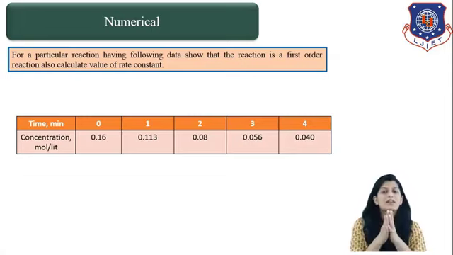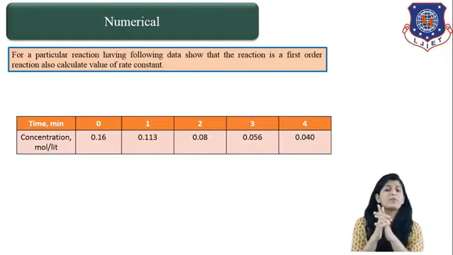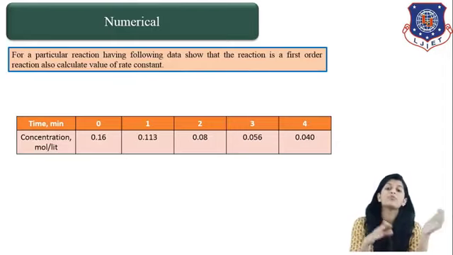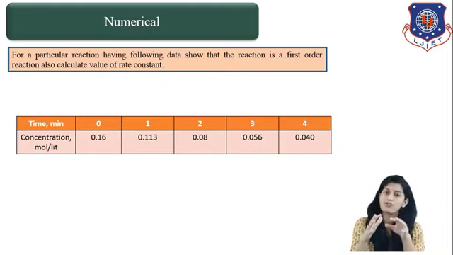Now what is our role? We need to start with the first order rate equation, because it has been provided that the reaction might belong to first order and we need to prove that this data belongs to first order, right?